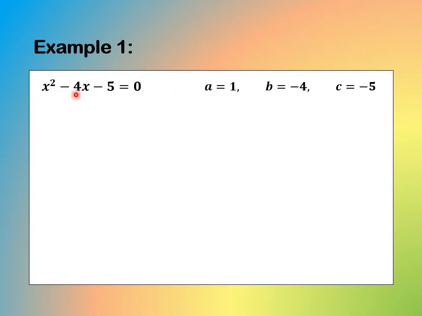Pag hindi natin naisama yung negative dito, kung ito ang ating given, magkakamali tayo sa ating final answer. Okay? So, dahil x squared minus 4x minus 5 is equal to 0 to, ang B natin, it should be negative 4. Okay? And yung C natin, that will be equal to negative 5.